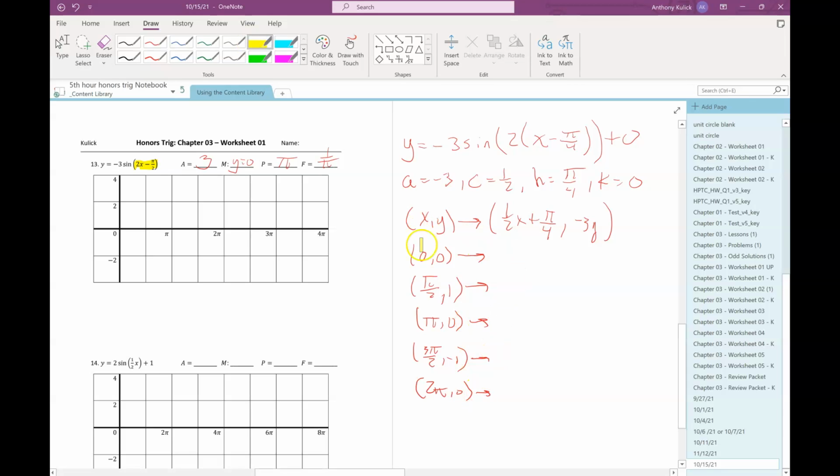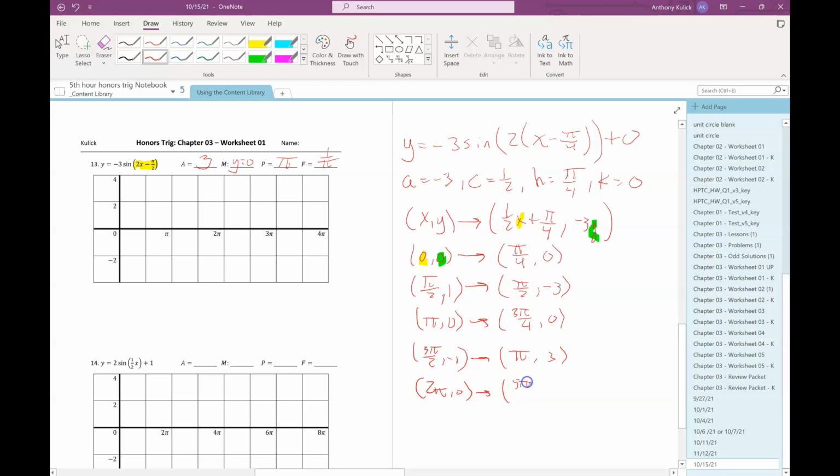And then I'm just going to plug my x's into my x spot and my y's into my y spot and evaluate. That's pi over 4, 0. And then it's going to be pi over 2, negative 3. And 3 pi over 4, 0. And then pi, positive 3.